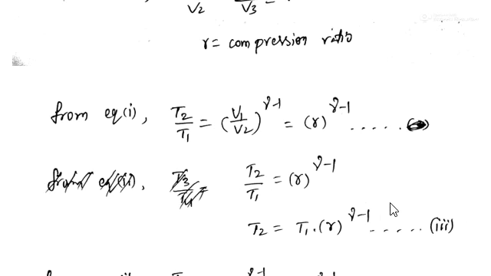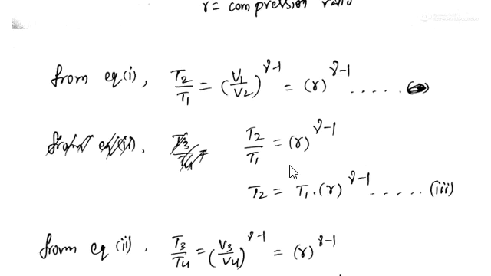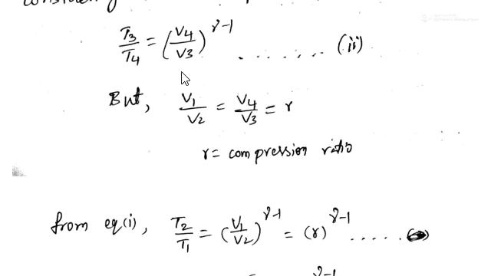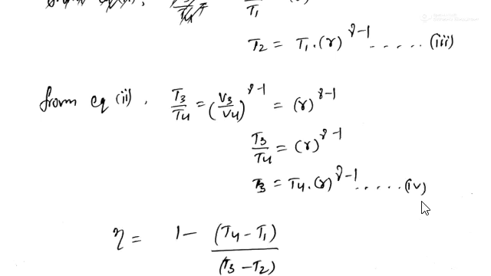Let us take this as equation number 3. Next, from equation number 2, T3 by T4 equals (V4 by V3) to the power gamma minus 1, that is R to the power gamma minus 1, so T3 equals T4 into R to the power gamma minus 1. This is equation number 4.